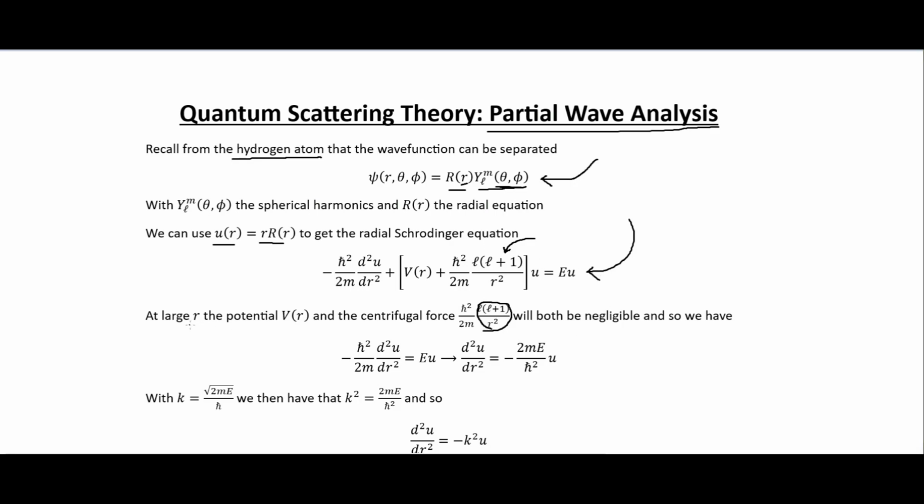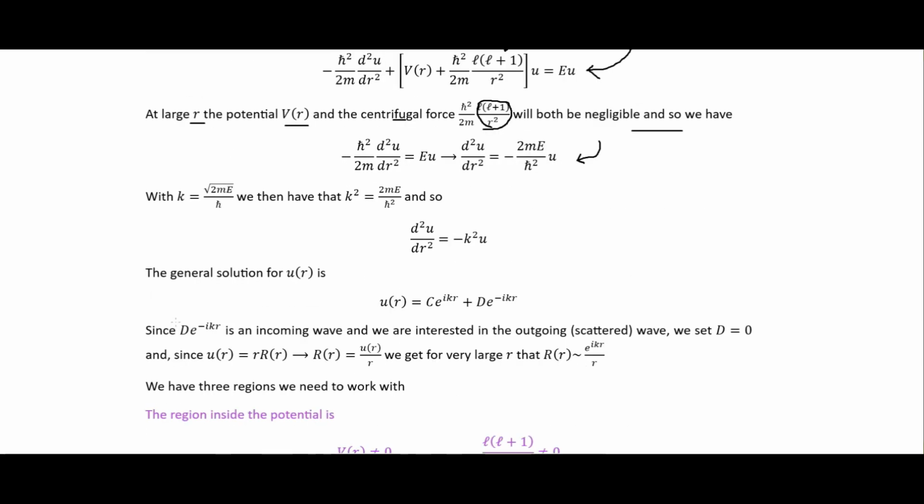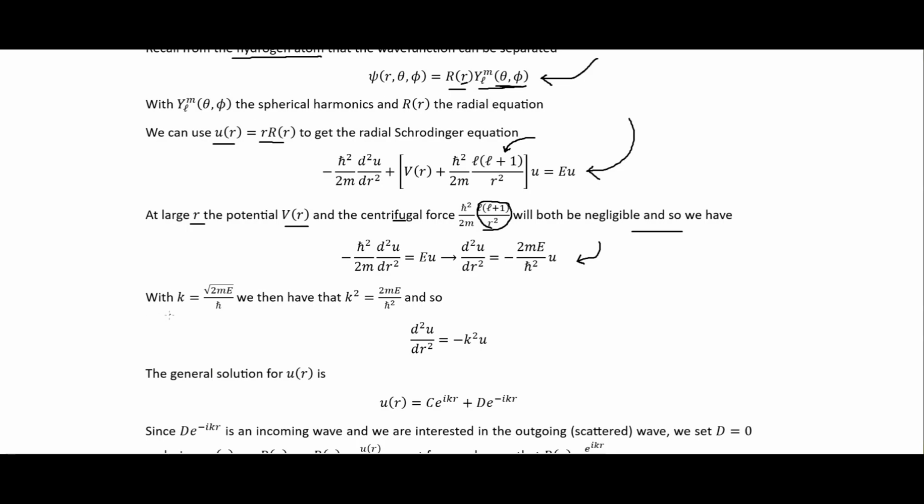At very large r, the potential and the centrifugal force will become negligible. And so we end up with this right here, and we make the substitution with this k for this energy term, so we end up with this k squared, which had a general solution for our u of r being this right here. So this is a linear combination of these imaginary exponentials.